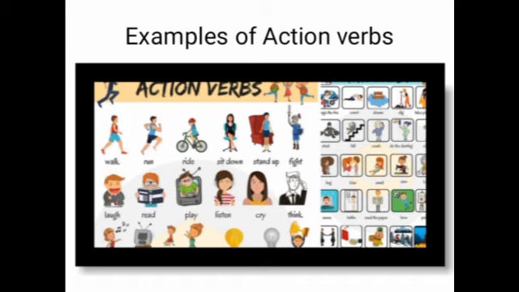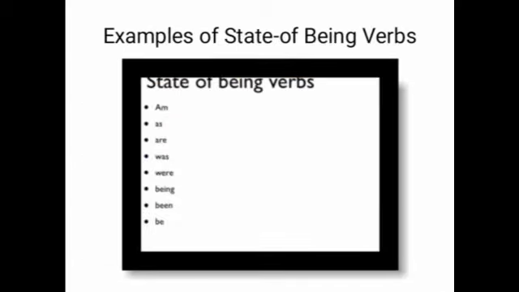Let's see also state of being verbs. They are verbs that don't show action. They only indicate states of being, as the name implies, the way things are at the moment.